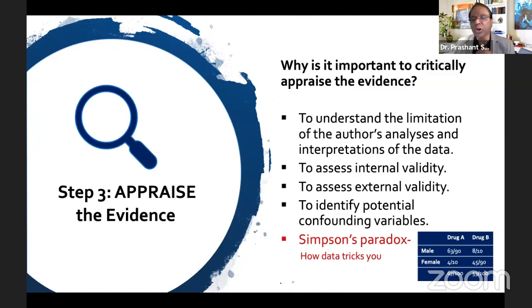Now look at the overall effect of drug A, regardless of gender. We are not considering gender anymore. So it cures 63 people out of 90 among males, and then it cures 4 among females out of 10. If you add 63 plus 4, it makes 67%.